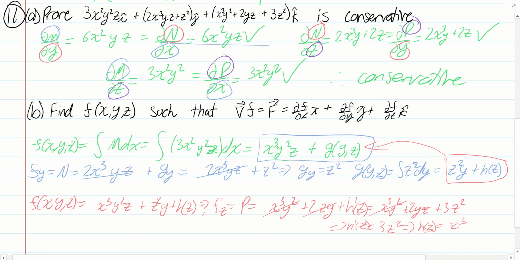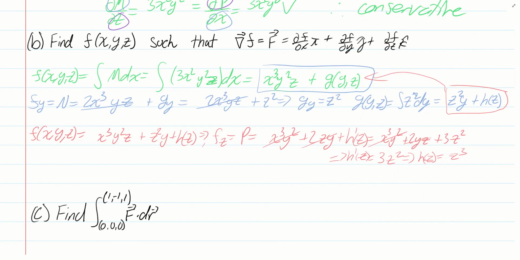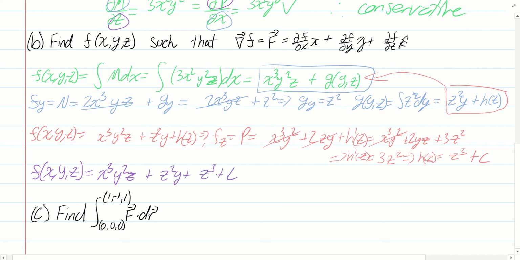So I just took the integral of 3z squared with respect to z, which makes my overall function now, and most importantly, don't forget a plus c. So this equals x cubed y squared z plus z squared y plus z cubed plus c.